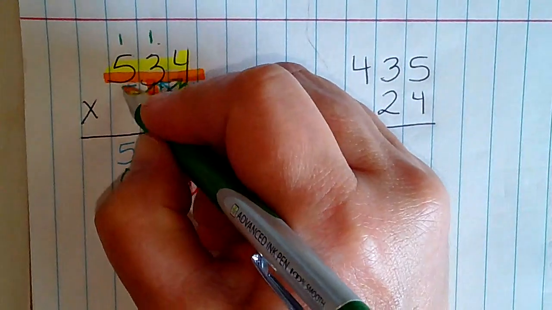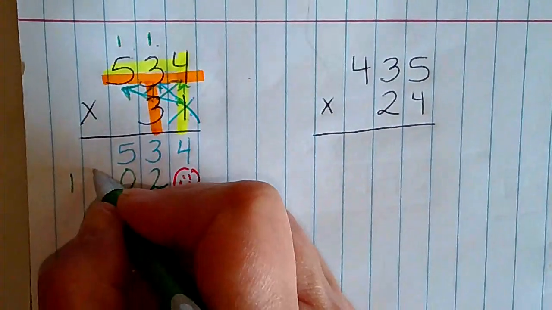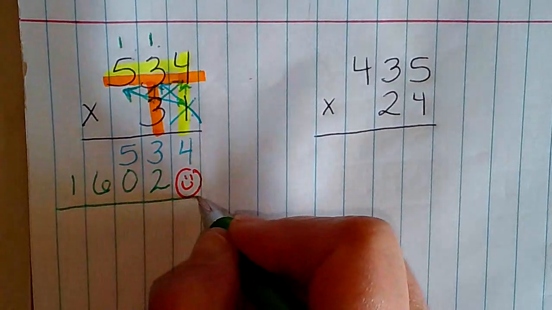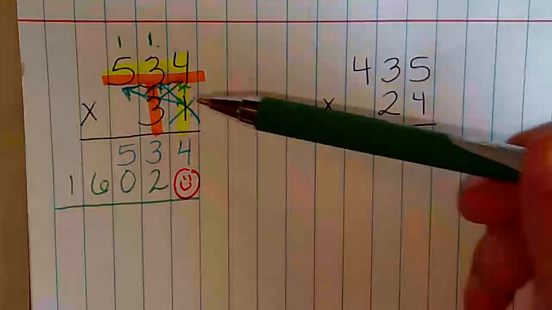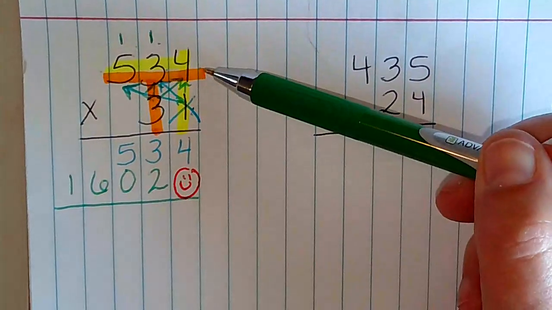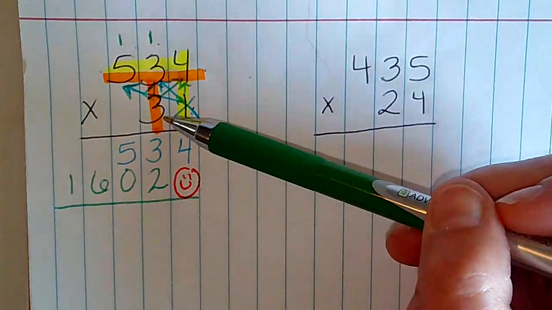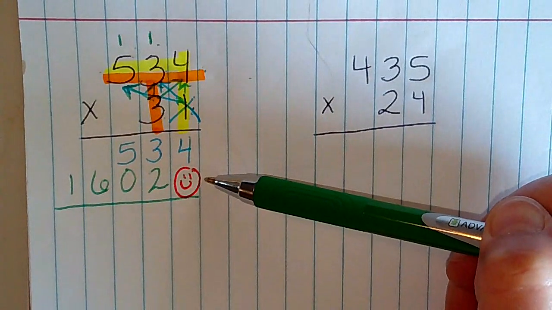Then 3 times 5 is 15, plus 1 is 16. That's a lot of arrows, I know. So we have multiplied our ones place times 534, our tens place times 534. We have our placeholder here.